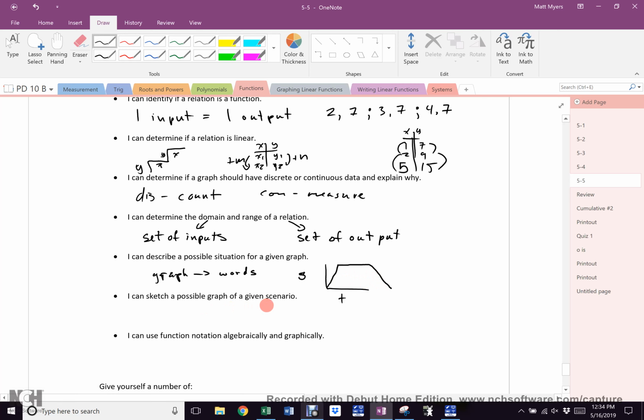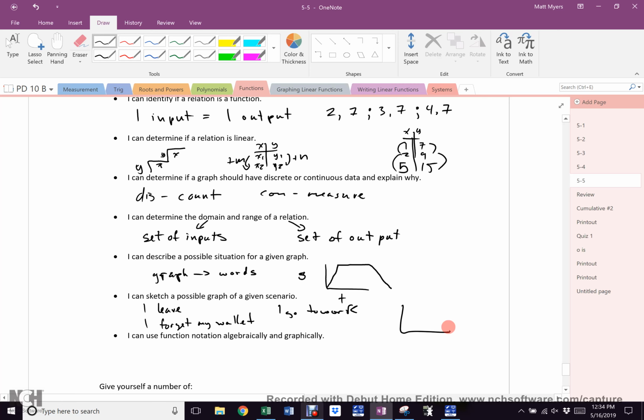I can sketch a graph from a scenario. I leave. I forget my wallet. I go to work. How would you graph it?